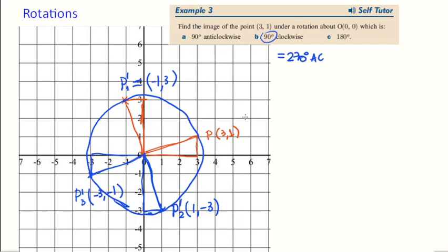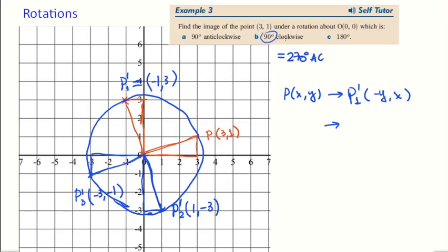Also, if you notice, if you have a point, let's say (x, y), and you have a rotation of 90 degrees anti-clockwise, this would turn into our P1', which is actually (negative y, x).